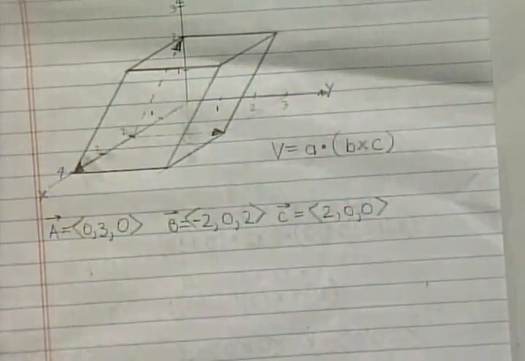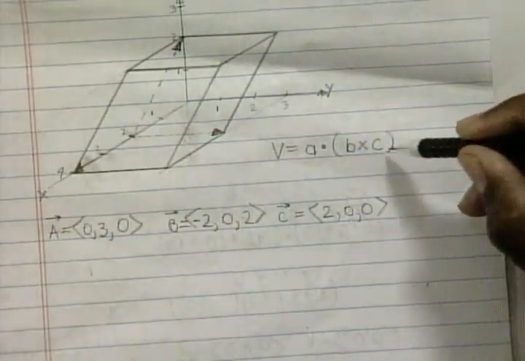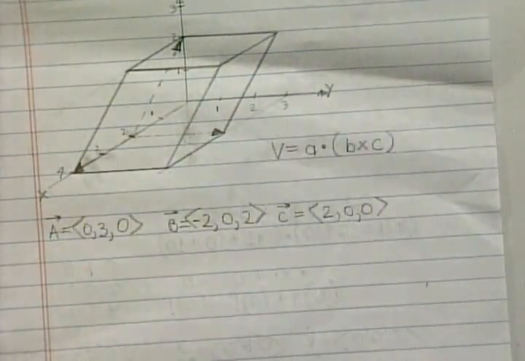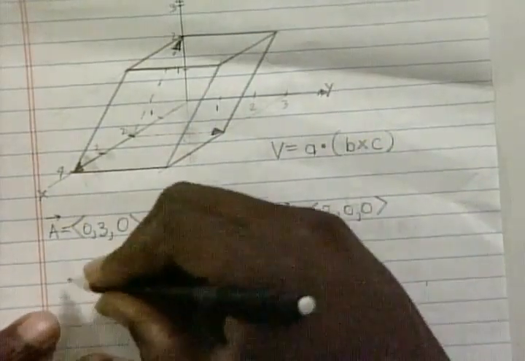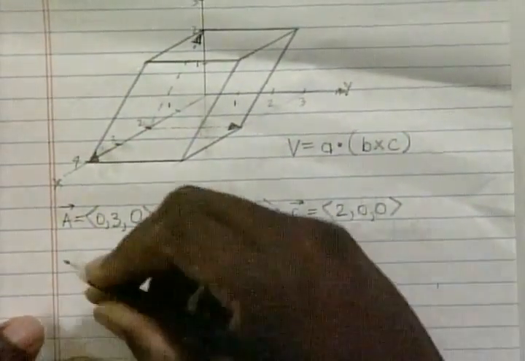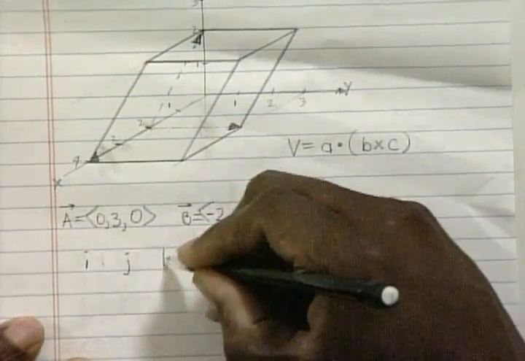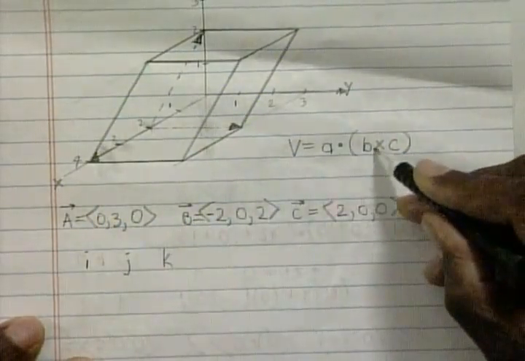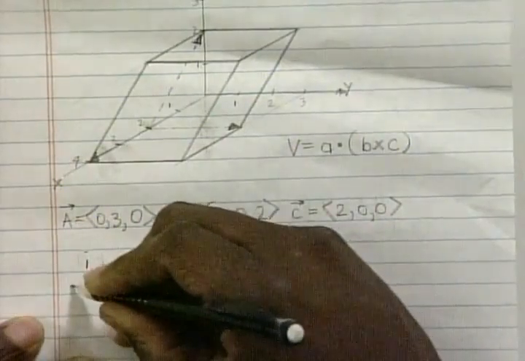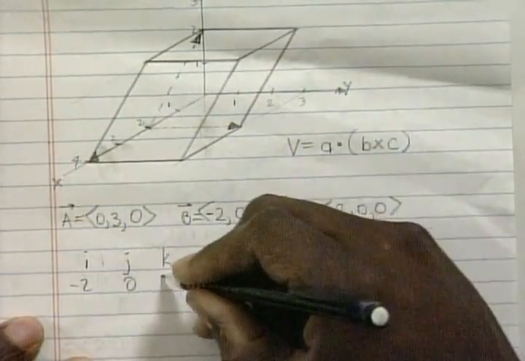Let's try to find the volume using this newer technique where we take the cross product of B and C. The way we take a cross product, we establish i, j, and k. B, we said, was negative 2, 0, 2.